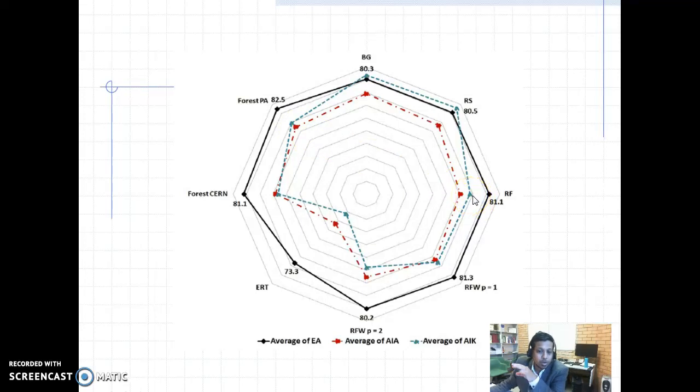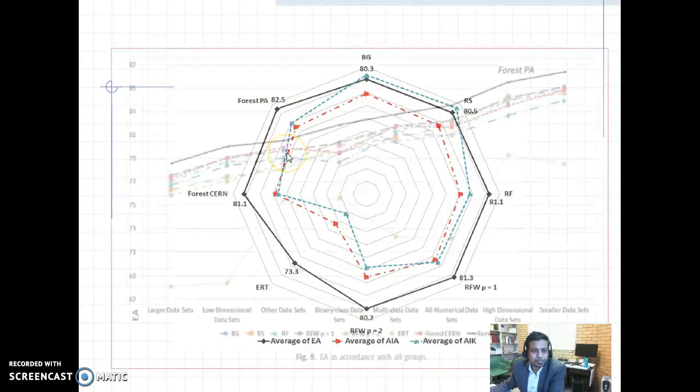As we can see, lower kappa means more diverse. This is random forest diversity, and if you go there for Forest PA, you can see Forest PA is not as diverse. So Forest PA loses a little bit of diversity, but it achieves a little bit more individual accuracy, as a result of which it achieves higher ensemble accuracy.